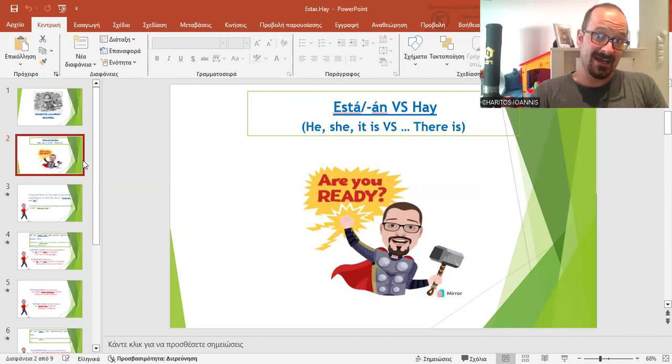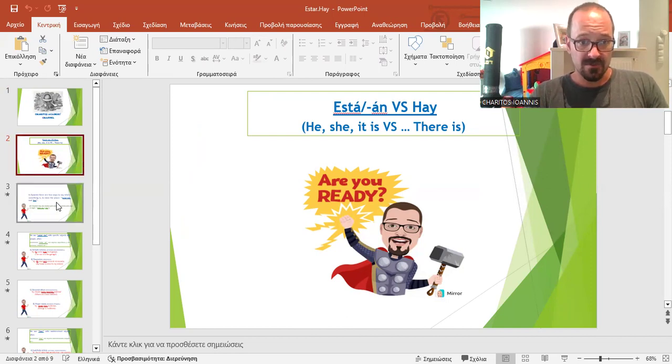Sometimes we use está for singular or están for plural, while other times we use hay, that is totally impersonal and it doesn't change. It comes from the verb, from del verbo haber, but it's the impersonal form.